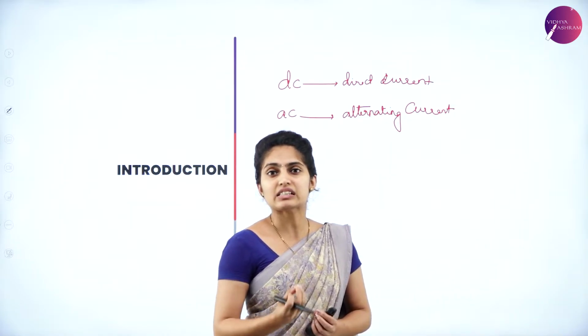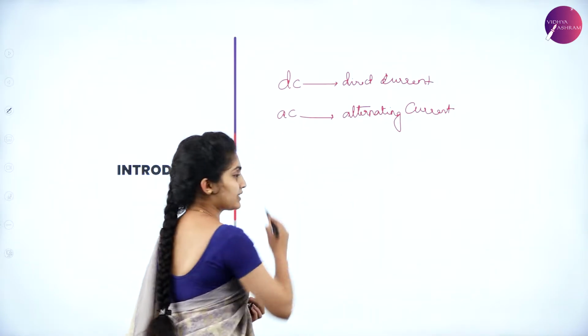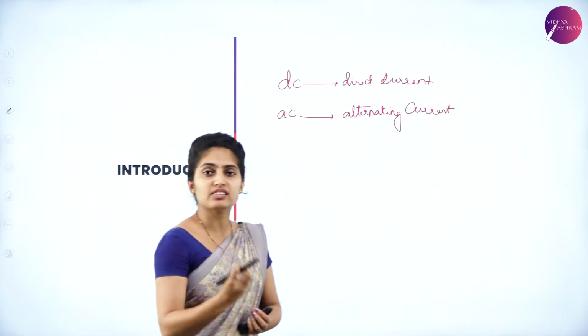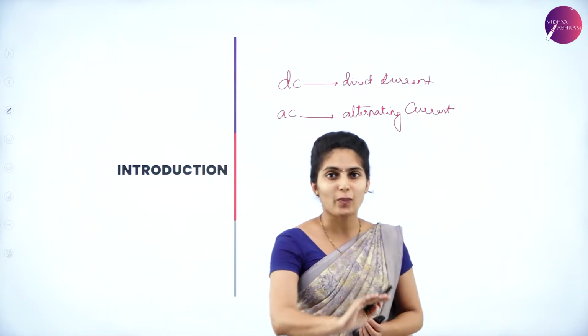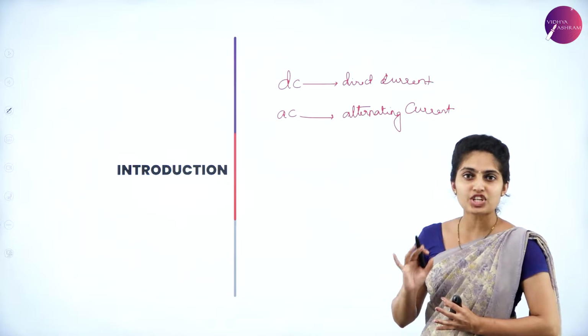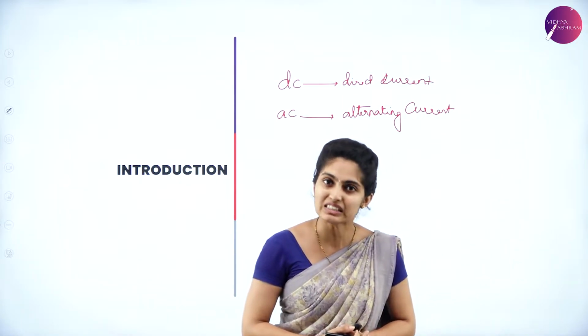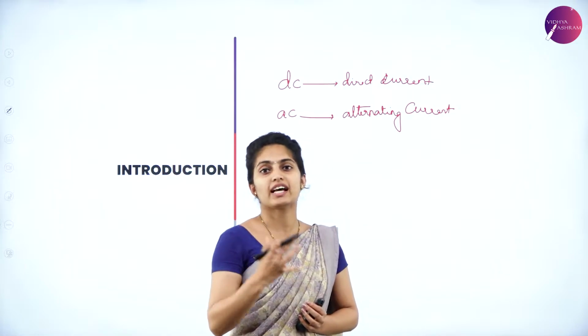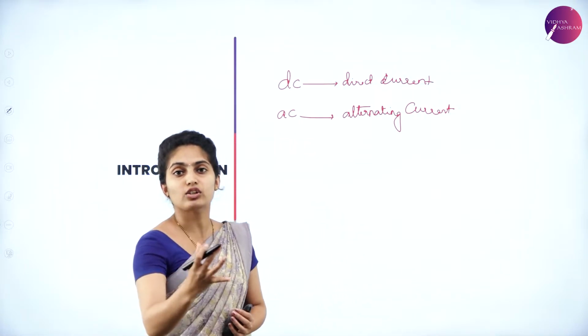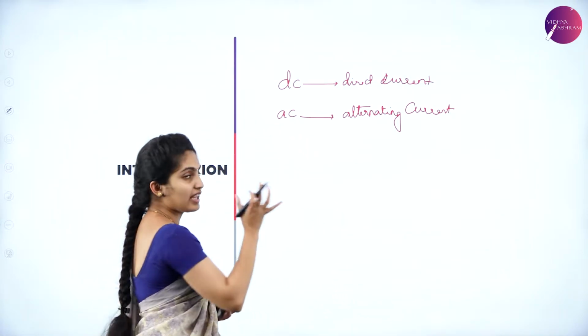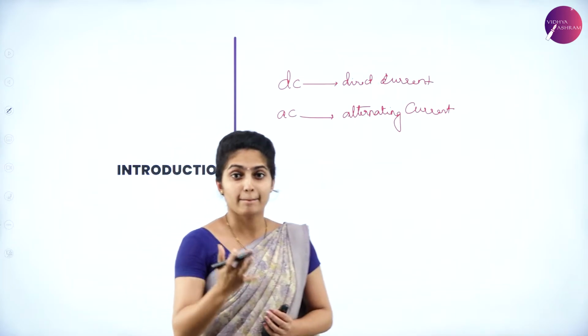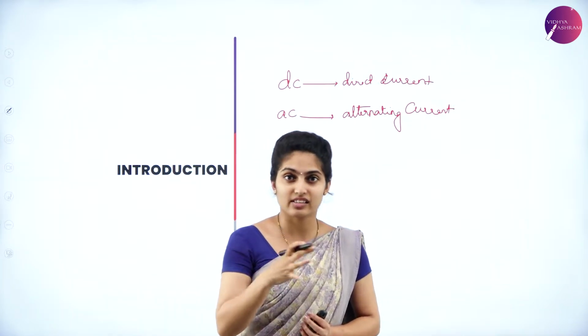Usually the resistor doesn't hold good for AC because the resistance has an opposing component. Resistors are the ones which resist the flow of charges within a circuit, because of which we call them resistors. So in case of AC, the resistor doesn't hold good, but for DC, the resistor is applicable.